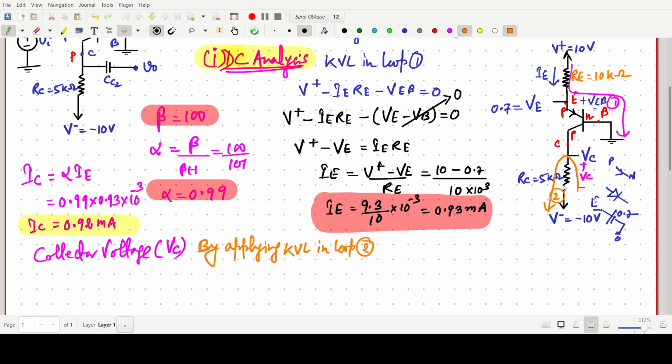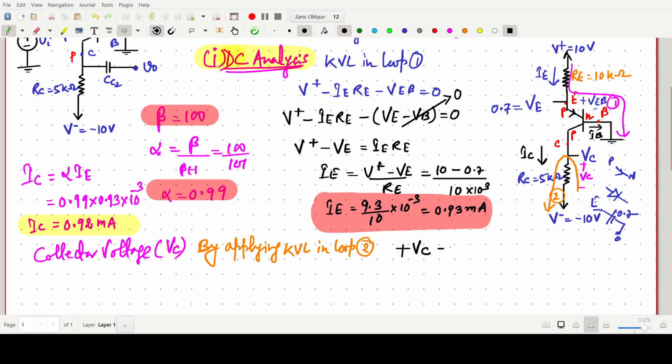Okay, so in loop 2 we have to apply Kirchhoff's law. So this voltage is plus VC, so we can write simply plus VC. Okay, then this current will be our IC. IE current, IB will go like this. Okay, and IC will go like this.